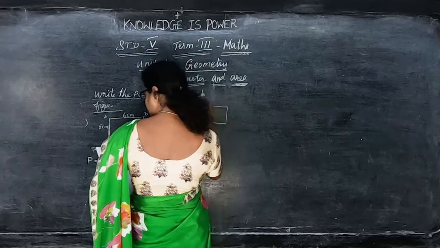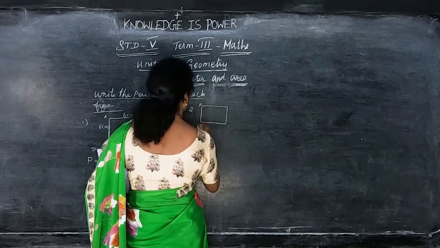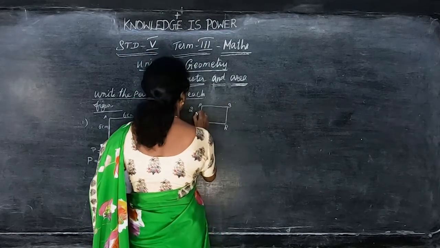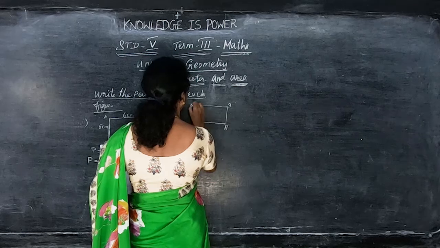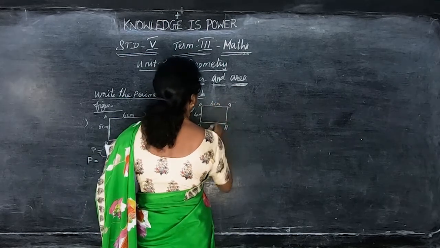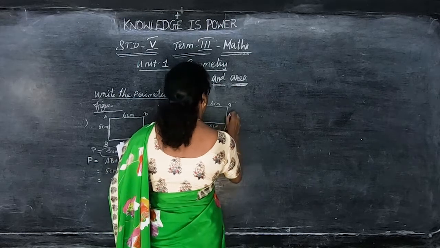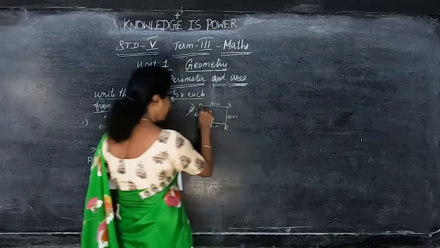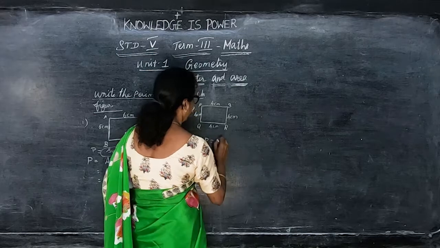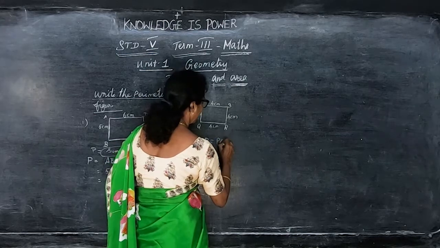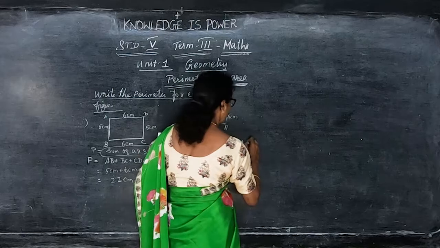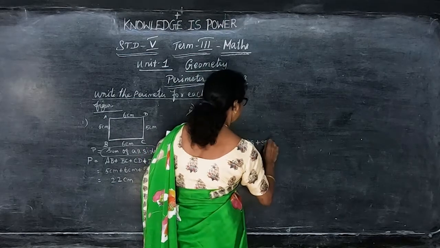Here also P, Q, R and S. For PQ they have given 4 centimeter, and all the four sides are 4 centimeter. So in the same way, perimeter P is equal to PQ plus QR plus RS plus SP.